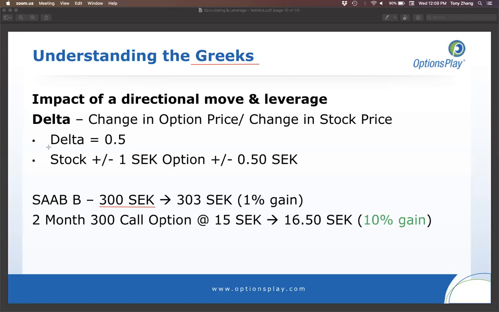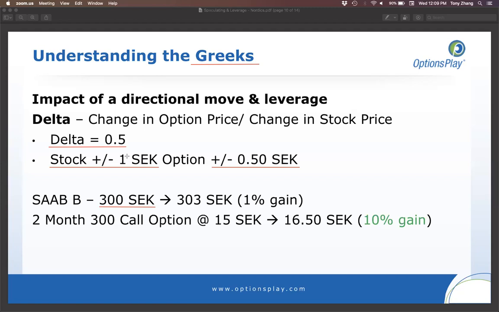Delta of our option tells us how much money we can expect to make if the stock goes up by 1 crown. Every option has a delta, and the delta tells us how much money we should expect to make on the option with a change in the stock price. So if you see an option that has a delta of 0.5, that means that if the stock moves up or down by 1 crown, your option will move up or down by half a crown. So the 0.5 is the ratio of the stock move versus the option move.